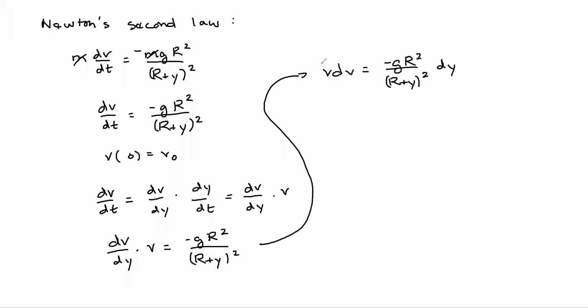Then once you've done that, you can integrate both sides. And here we'll get v squared over 2, and over here we're going to get g r squared times (r plus y) to the negative 1 plus c.